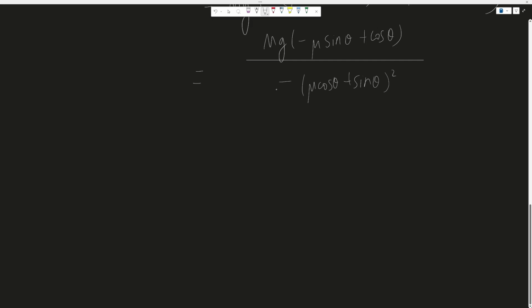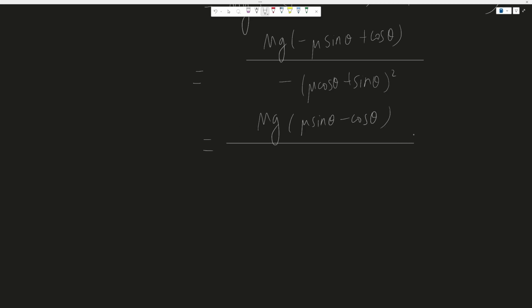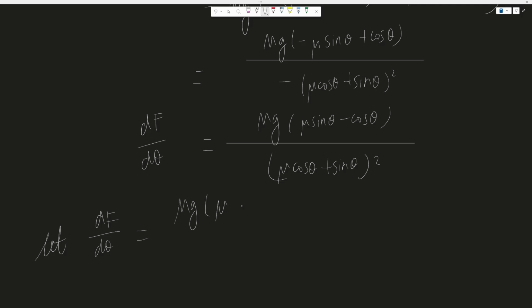And now let's move this negative sign to the numerator. So we have mg times mu sine theta minus cosine theta over mu cosine theta plus sine theta squared. So this is dF d theta. And now let's let dF d theta equal 0.